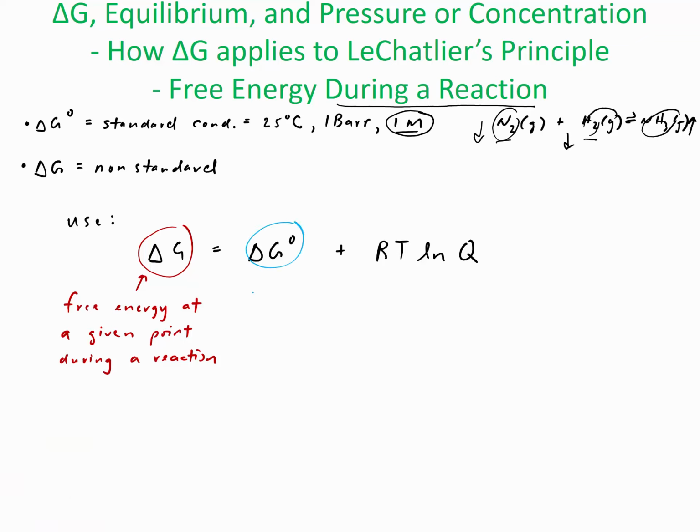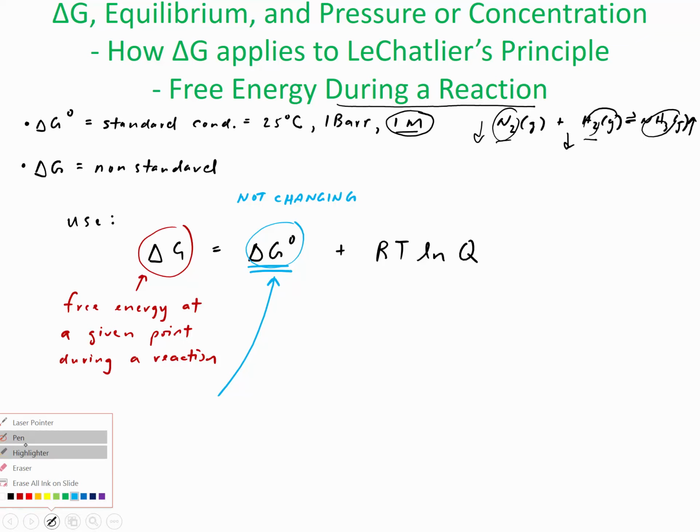Delta G standard is calculated from one of the 4 ways we went over, and it is not changing. That's an important note. It's not dynamic, it's static. It's just the free energy measured under standard conditions. Whereas delta G non-standard is going to be changing during the course of the reaction.